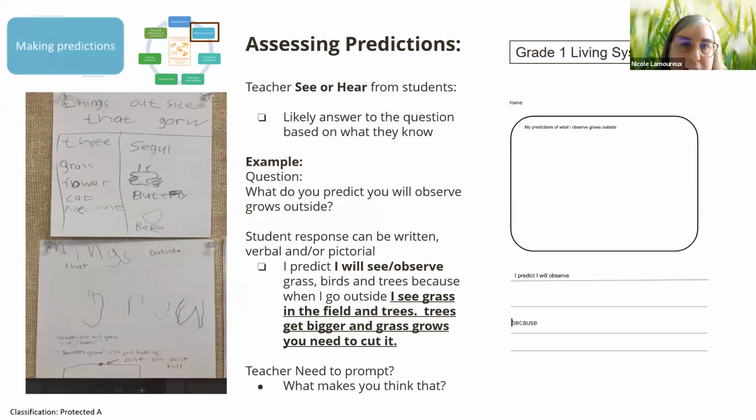This is a full year, right? So especially in grade 1, in the review stages of grade 2 and 3, I would be really pushing for that, what do you know about what grows outside? What are some things, probing those questions a little bit more.